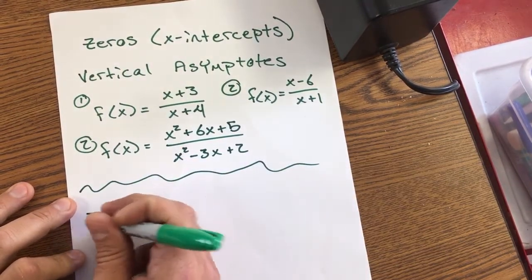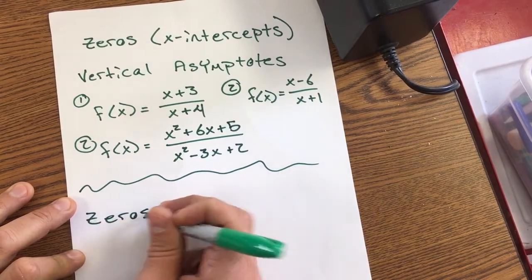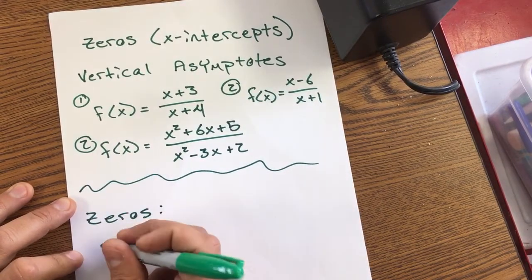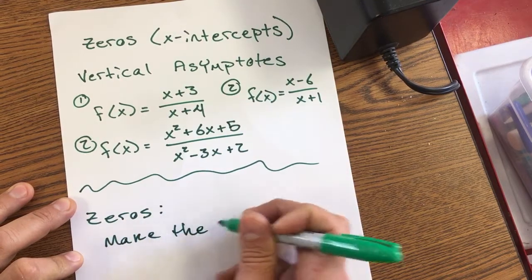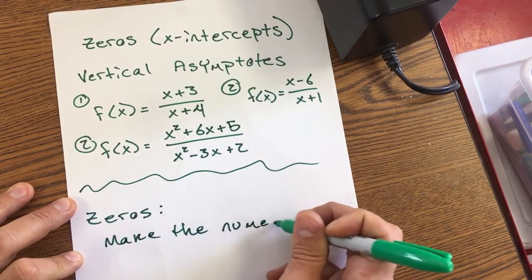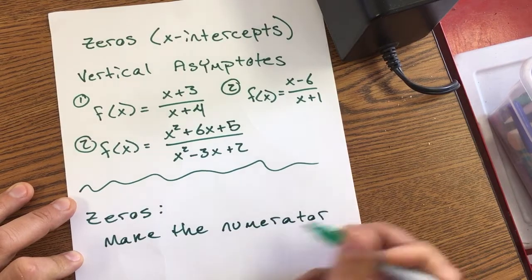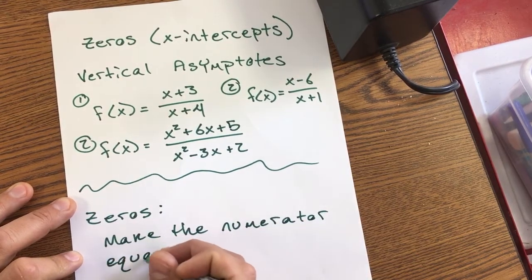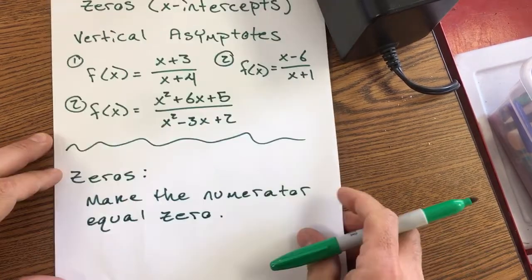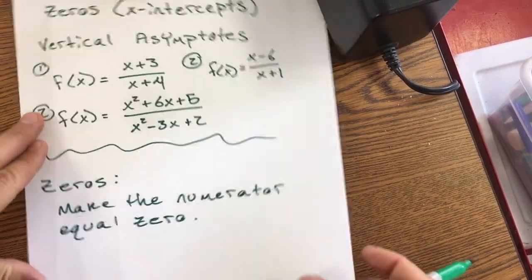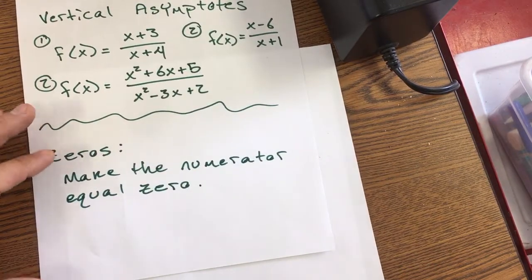So zeros are x-intercepts. How we find them: zeros make the numerator equal to 0. So for some of you guys, you can just look at it and say, oh, the numerator, what number needs to go in there to make it equal to 0?